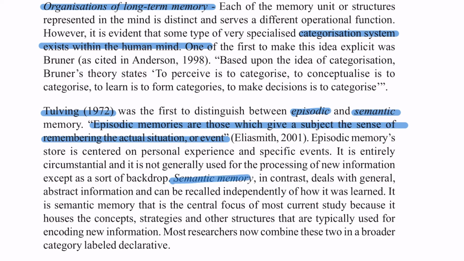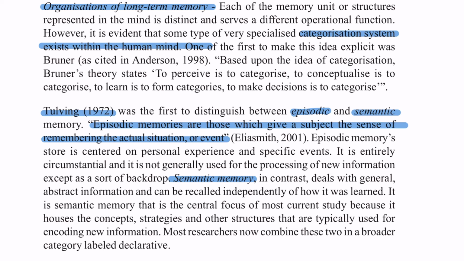The other thing is semantic memory. Semantic memory, as I told you earlier in lectures also, is related to abstract information, rules, regulations, words, all the concepts, all those things. We store that information, and that is what we call semantic memory.